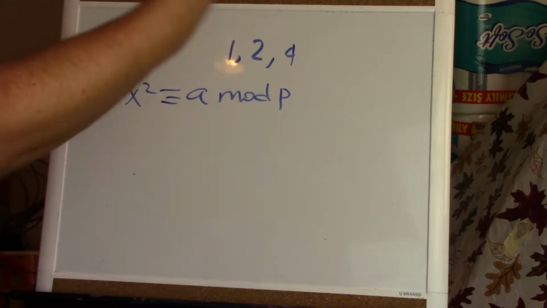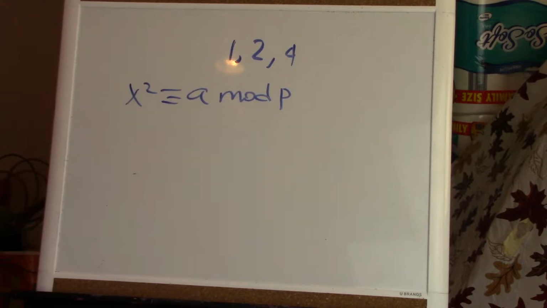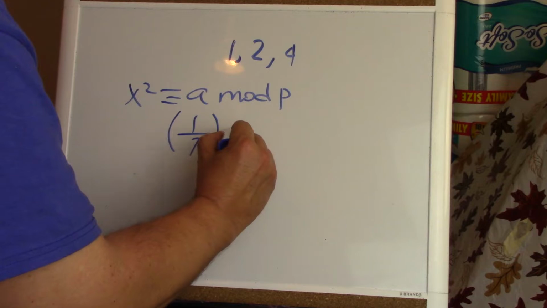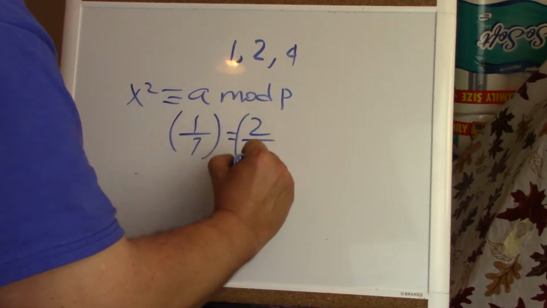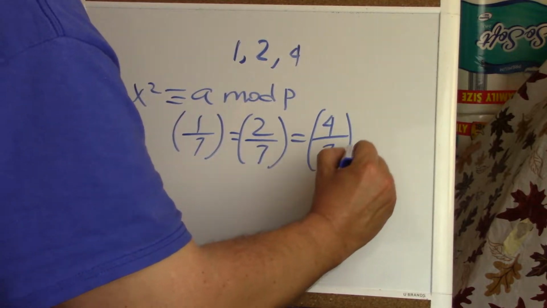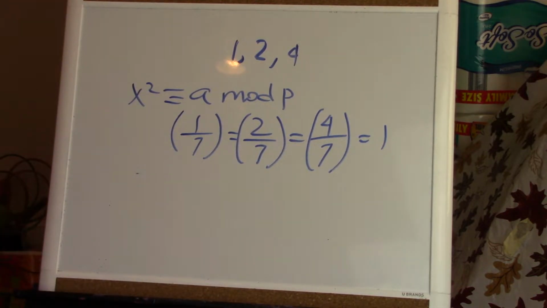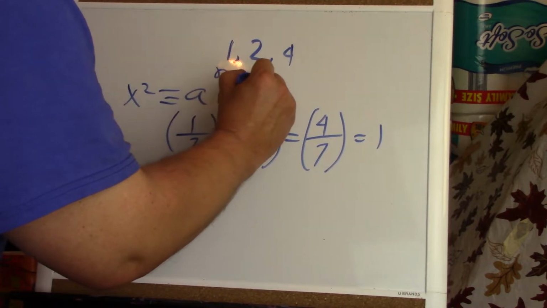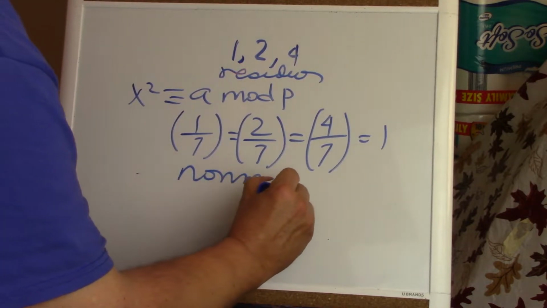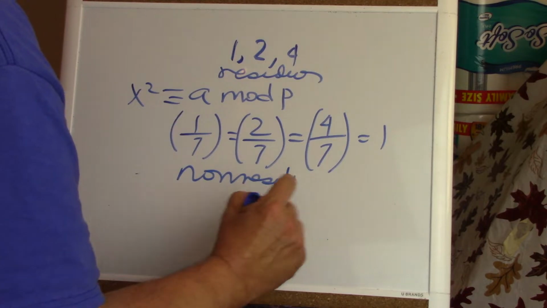Well, in the Legendre symbol nomenclature, this really means (1/7) = (2/7) = (4/7) = 1. Now, these are the quadratic residues. Then the quadratic non-residues are all the other ones.